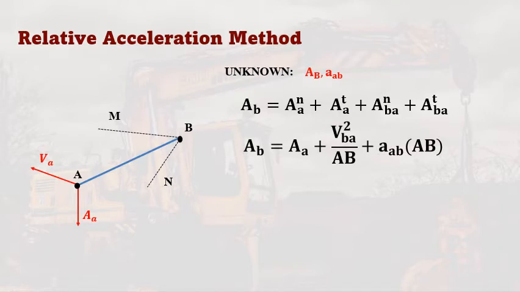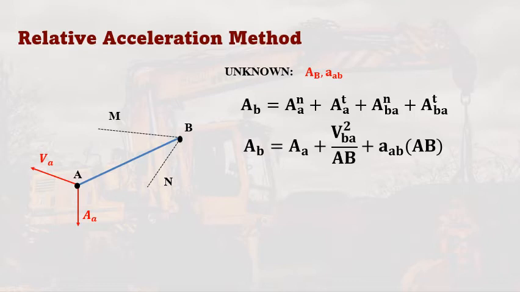Take note that we can also write that equation in this way. So we have the acceleration of A, which is the sum of the normal and the tangential component of the acceleration of A here. These two parts of these four terms can be represented simply by the acceleration of A because they are equal.